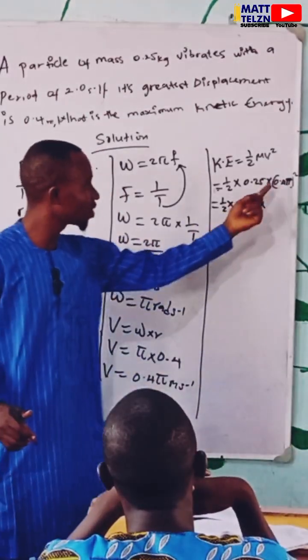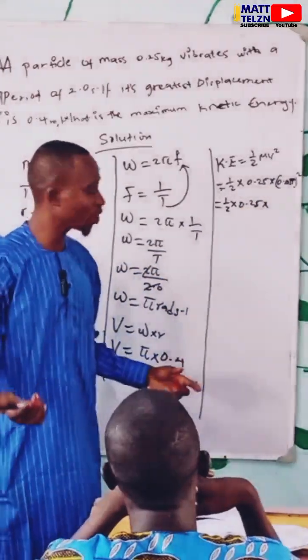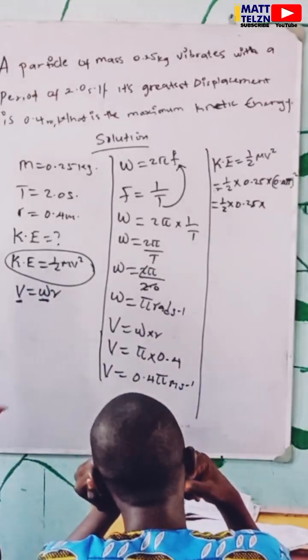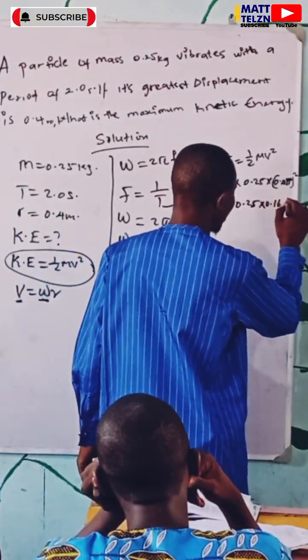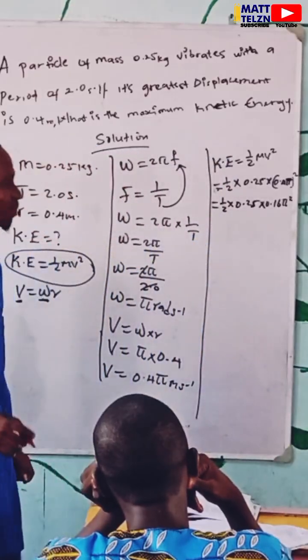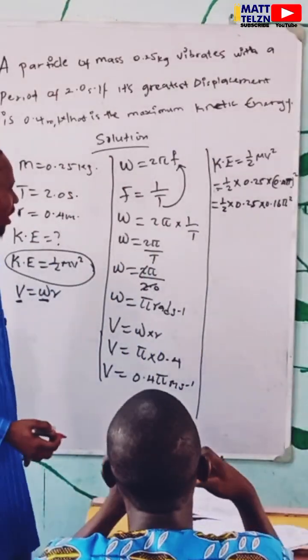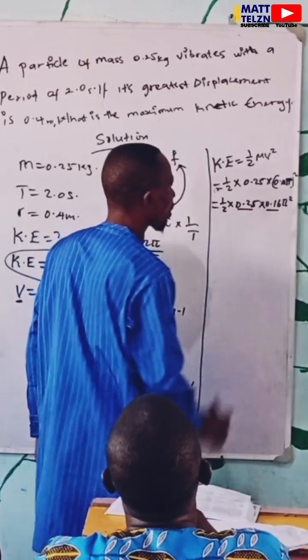So what is the square of 0.4? That is 0.4 times 0.4, which is 0.16. So here I have 0.16 and pi squared. The next thing is we multiply 0.25 with 0.16.